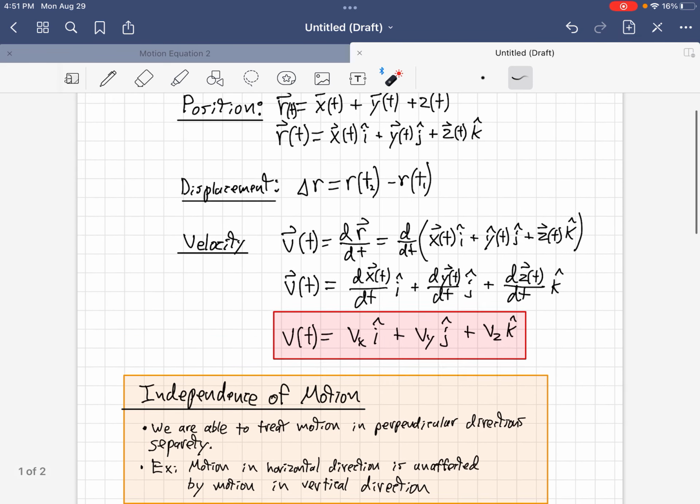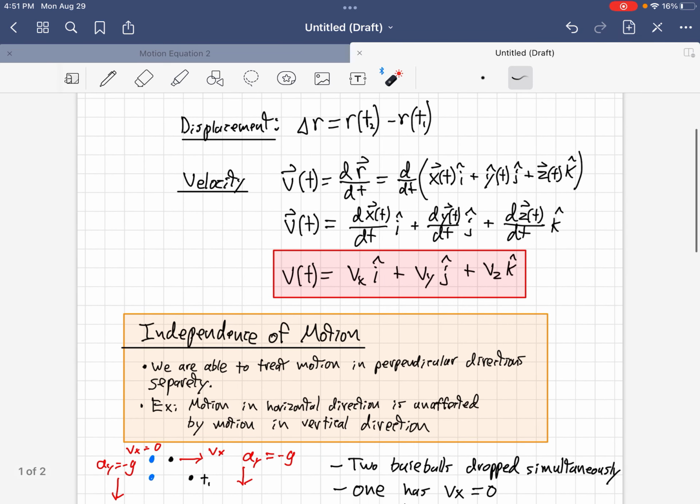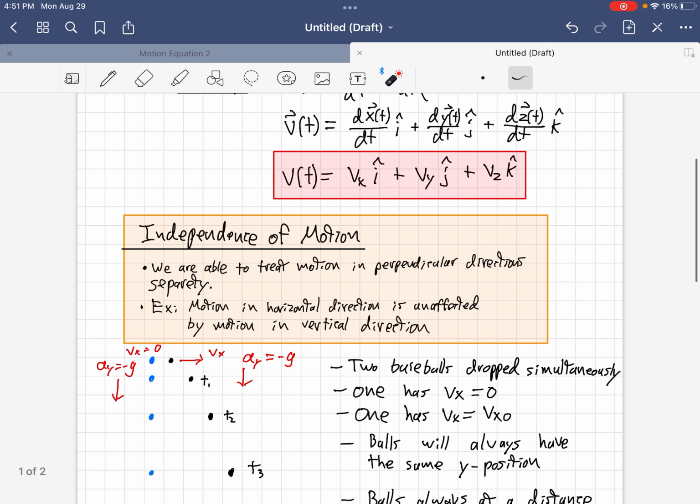All right, so here's a very important concept which is going to make 2D motion calculations super easy. And that's this independence of motion principle. You should read about this in your textbook, but I'll introduce it and summarize it here. It's basically that we're able to treat motion along perpendicular axes separately from one another.